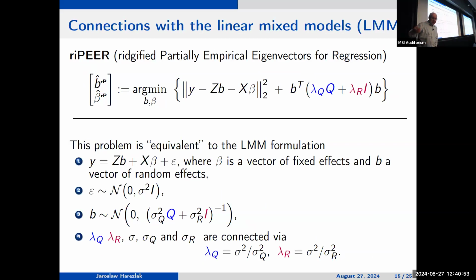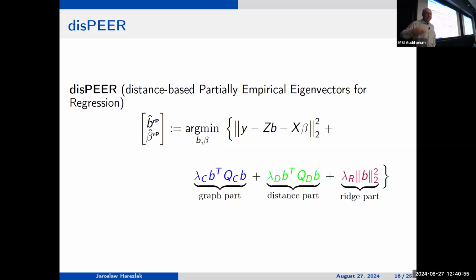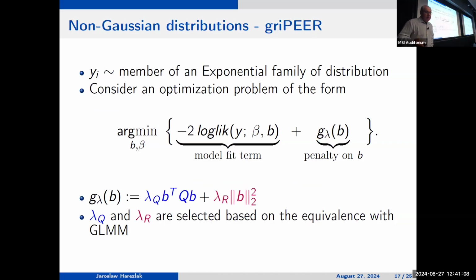Again, we can connect it with mixed models, and we extended it, as I said, to DESPAIR. Here we use additional information on the distance between the cortical regions, where now we have three penalties. Now, we extended that also to non-Gaussian distributions. This was published a few years ago.